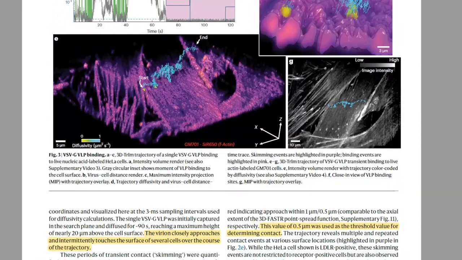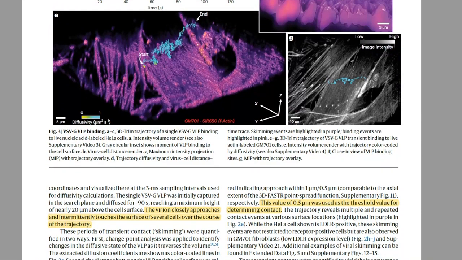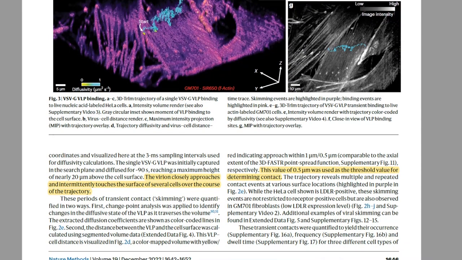Now, the next highlighted portion actually gets into some of the results. So remember, what they're doing is they're tracking these synthetic particles that they made through space using a homing device, and they're doing this right on top of a cell culture, which they can see under the microscope and image using various techniques directly.